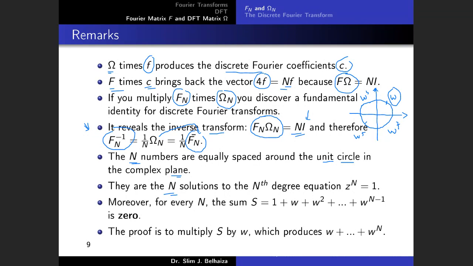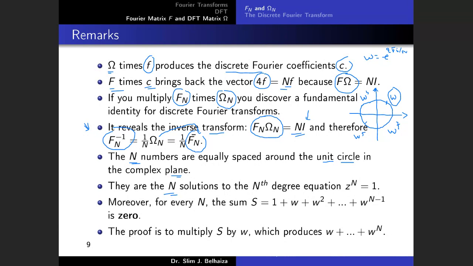Here we said that in the formula, these are given by W equal to e to the power 2 pi i over n.